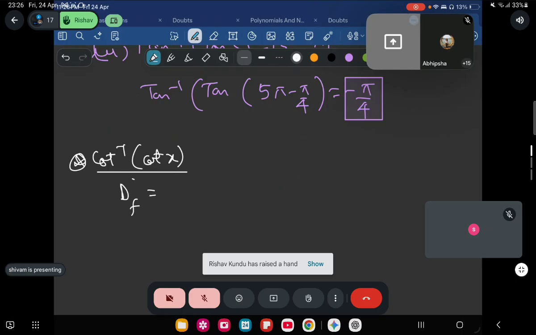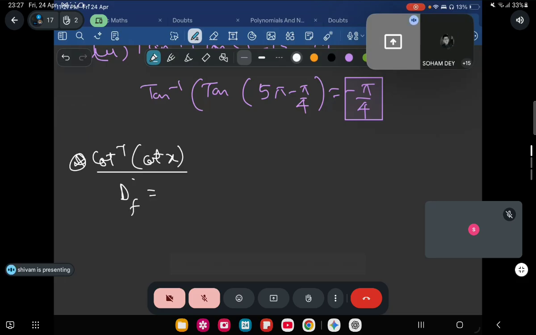Raise your hand. Yes, Soham, tell me. R minus n pi, where n belongs to integers. Okay. Next. This is the domain, everyone.